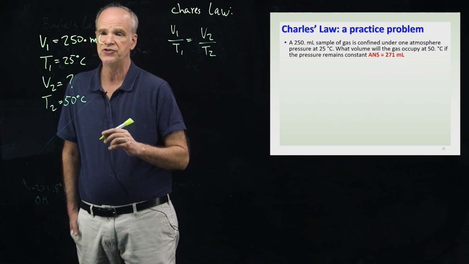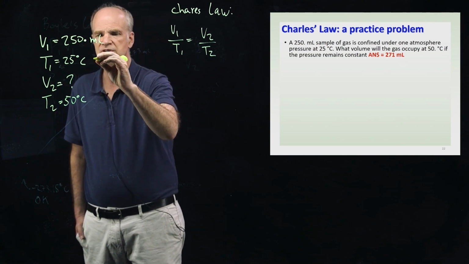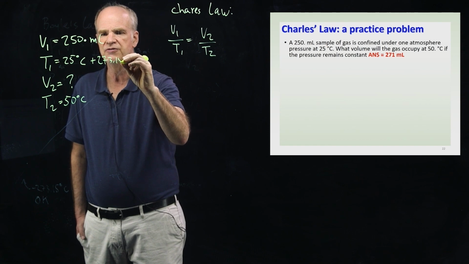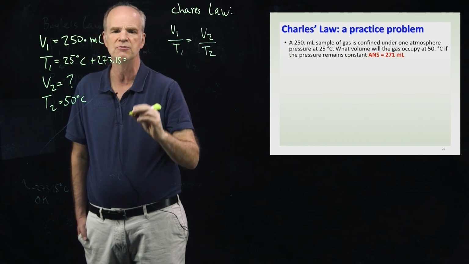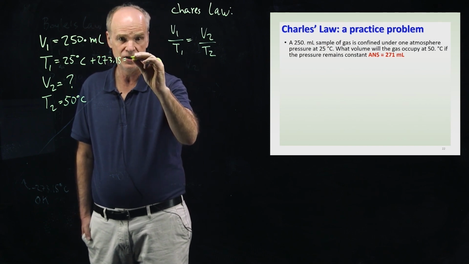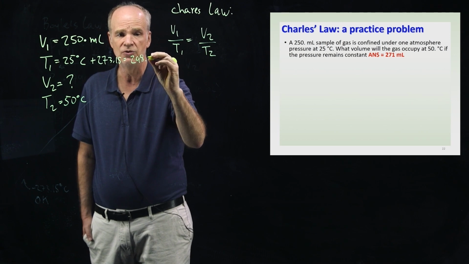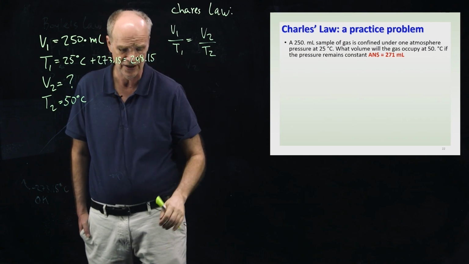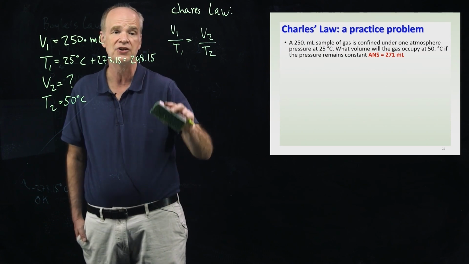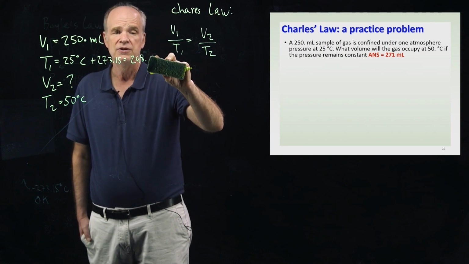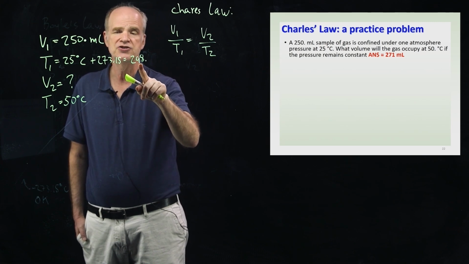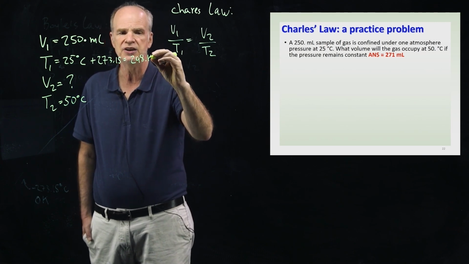So we're going to take this Celsius temperature, which is 25 degrees, and then we're going to add 273.15. And if you take those numbers in your calculator, you'll get 298.15. But we're going to round it right now to the correct number of significant figures like the book does. If you do so, rounded to the correct number of significant figures, the temperature here should be 298 degrees Kelvin.